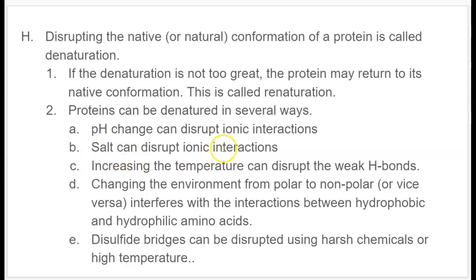Salt can disrupt ionic interactions because, again, salt has a lot of ionic bonds. There's positive and negative charges involved. Increasing temperature, because remember, when you increase temperature, you're exciting electrons, making more energy in the electrons that are being held by those bonds.